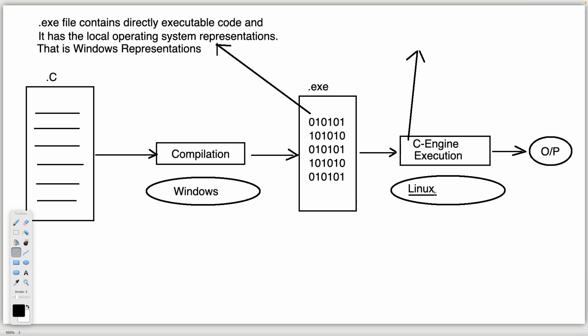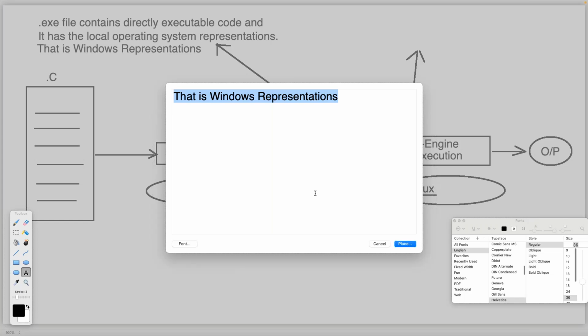When C engine is available on Linux operating system, then that C engine is able to understand only Linux representations. Get my point or not? C engine is able to understand and execute the code which is in Linux representations.